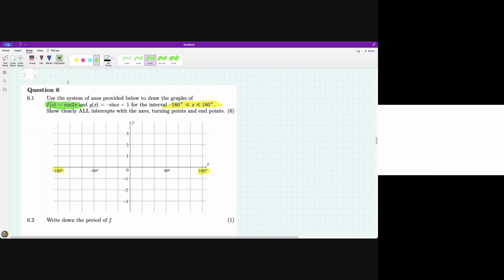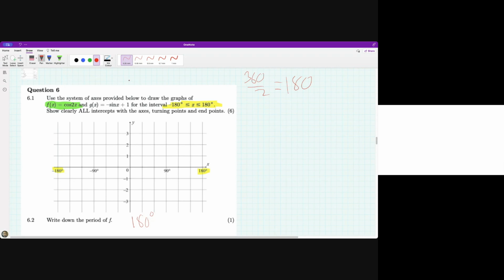What sort of change has happened? Okay, so the period has changed. Instead of being 360, the period would now be 180, which actually is what they ask about here.